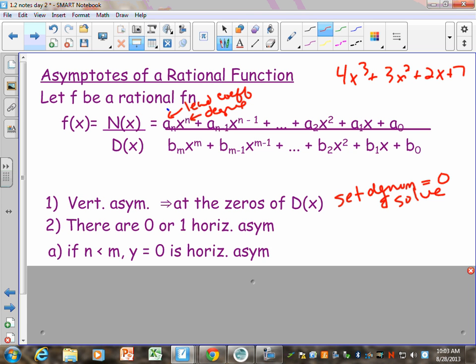As we do this, it should maybe jog your memory a little bit. And this is where the n and the m come from, the degree of the numerator and the degree of the denominator. So that's why I wanted you to at least write this part of this problem.